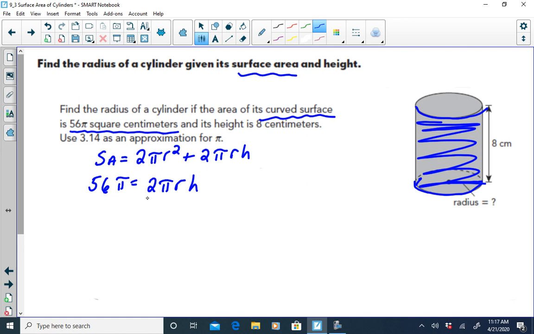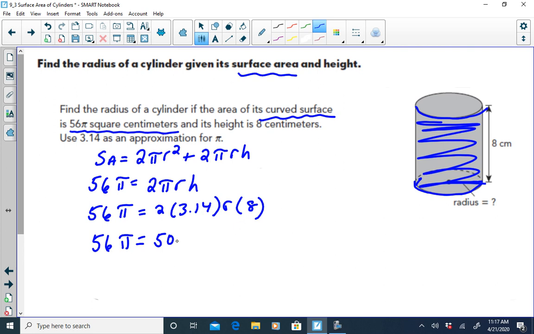All right. So now your next step, we have 56 times pi is going to be equal to 2 times 3.14 times r times your height, and your height is going to be 8. So we have 56 times pi is going to be equal to 50.24 times r.